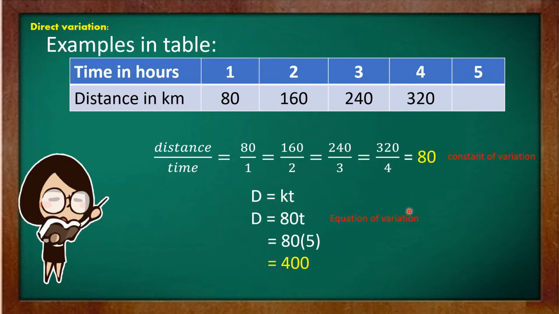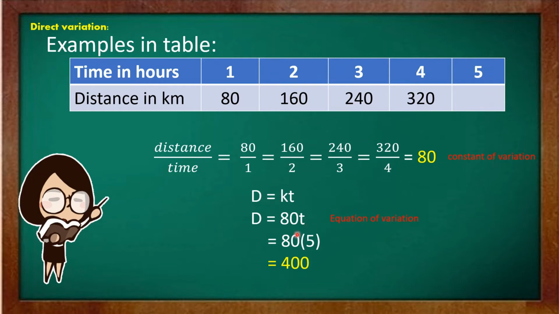So if we have a constant of variation, let us get the equation of variation. Our equation of variation is d, the distance, is equal to 80t. The 80 comes from the constant of variation. Then, to get the missing value, you need to substitute the value of t.